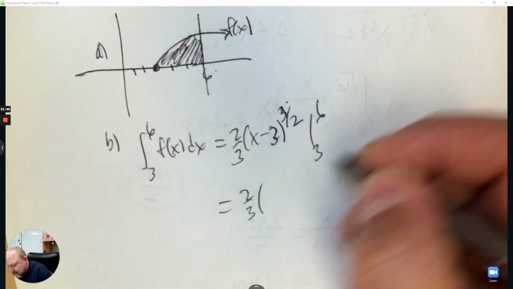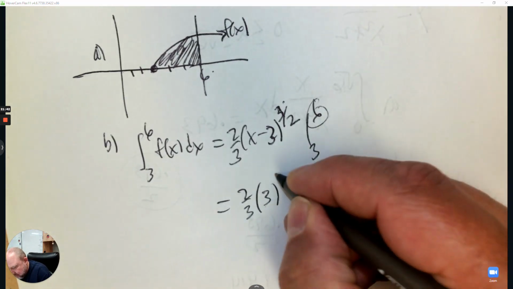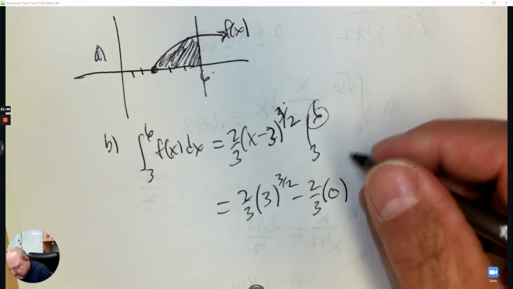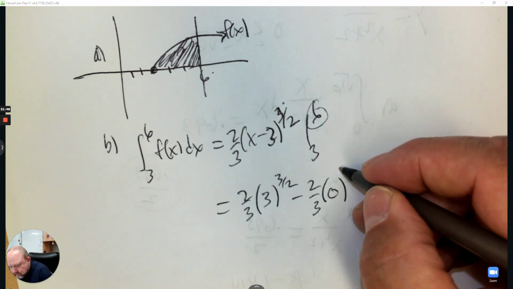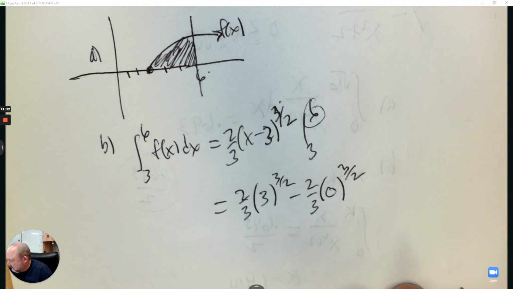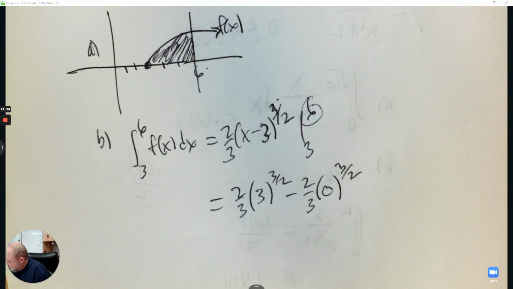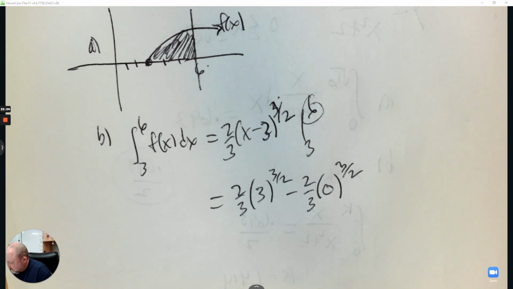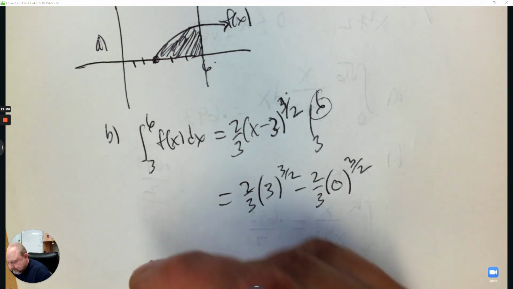And I don't need to simplify this, so I'm going to plug in 6 first, subtract, and then I'm going to plug in 3. That's a 0. So this is my answer right there. Part C.